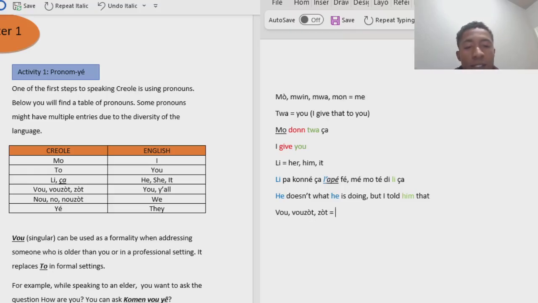So vous, vous autres, and zot, which will be your indirect y'all. And in the case of the formal vous, which can be your y'all, it will be your indirect you. And so the same rule applies. If the y'all or you is being acted upon, now it becomes your indirect, and you use it the same way.